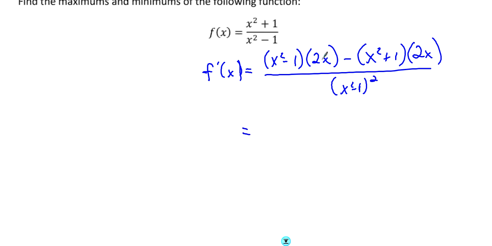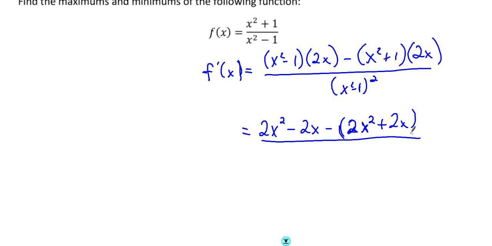So 2x times x squared is 2x squared, minus 2x minus 2x squared plus 2x, like that, all over x squared minus 1 squared.